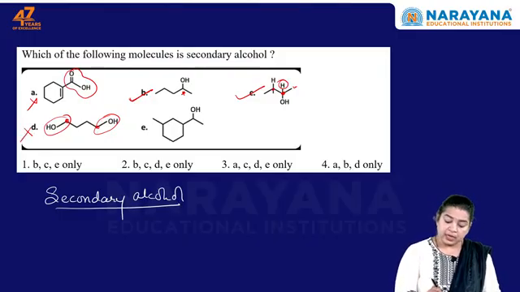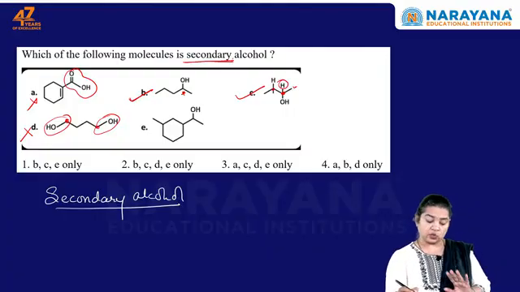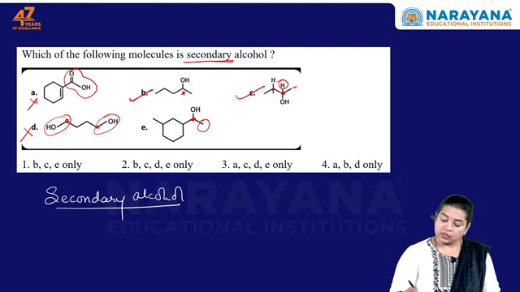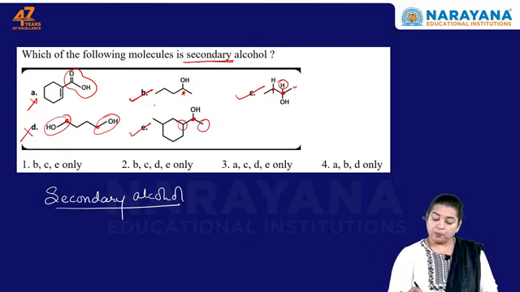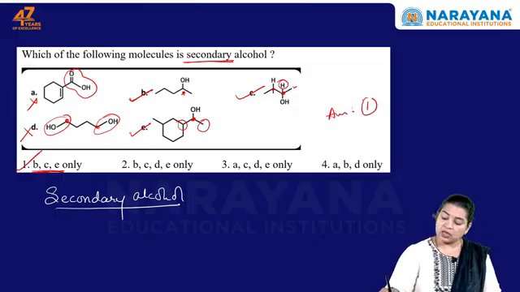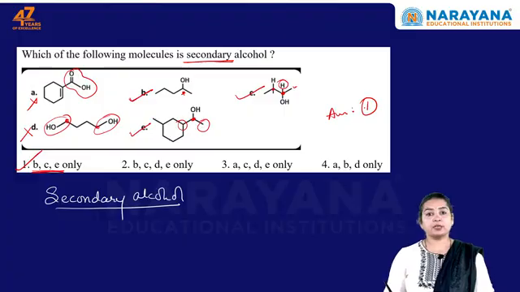So D is not satisfying the secondary alcohol condition. So we leave D. Good, let's go to E. In E, see this carbon. It is connected to 2 further carbons. It is satisfying the condition. So B, C and E are the answers. Amongst our available options, the answer is first.